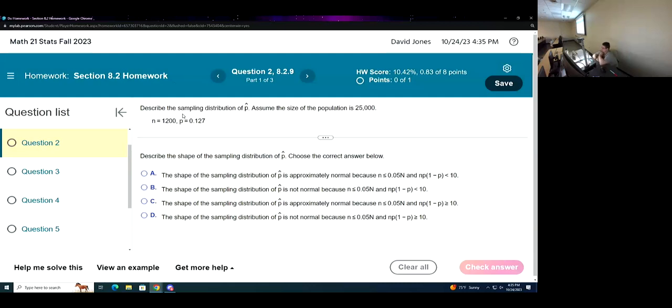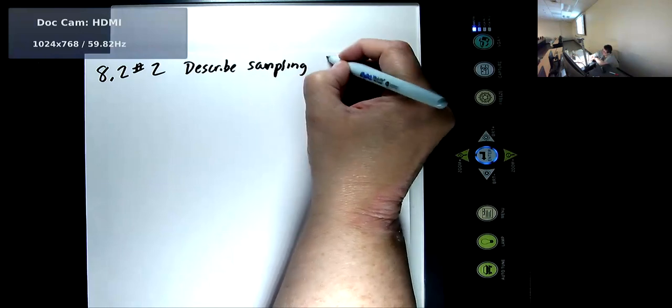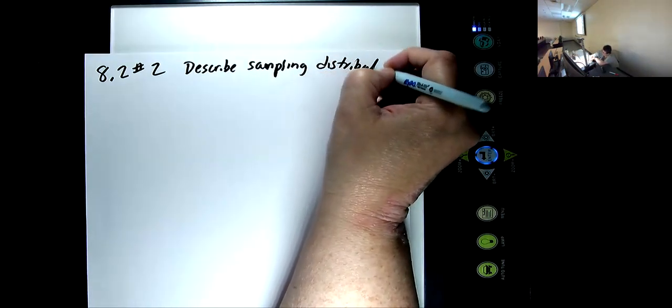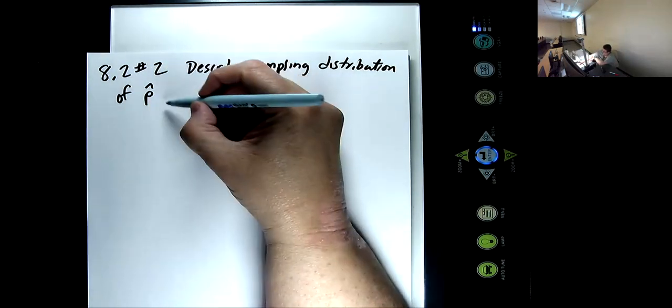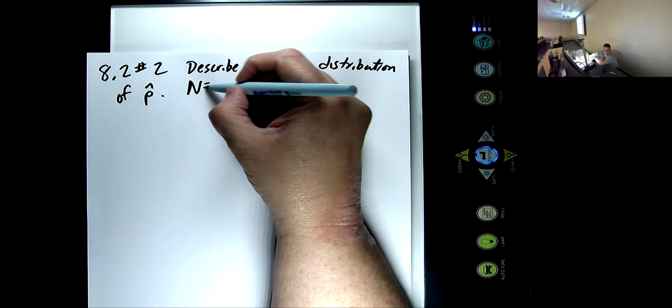All right, number 2 says, let's describe the sampling distribution of p hat. Assume the size of the population, big N, is 25,000.